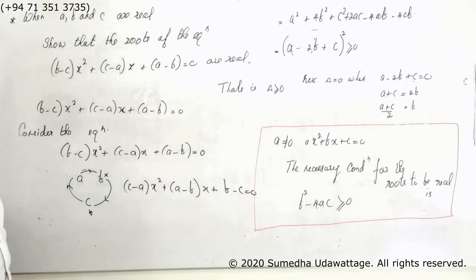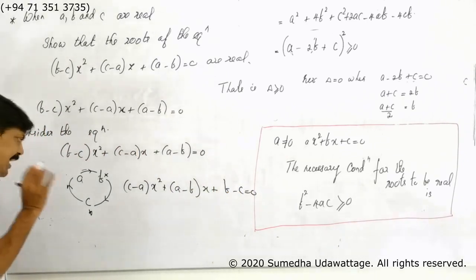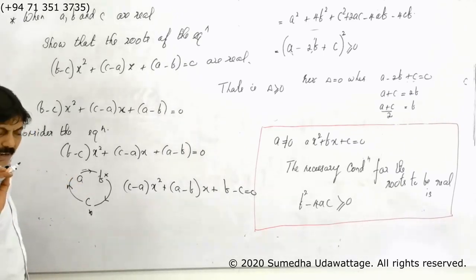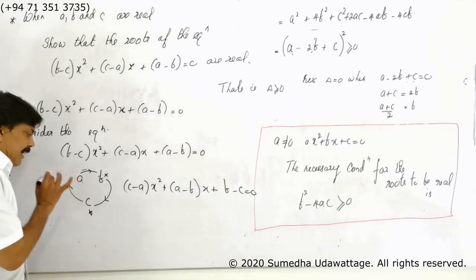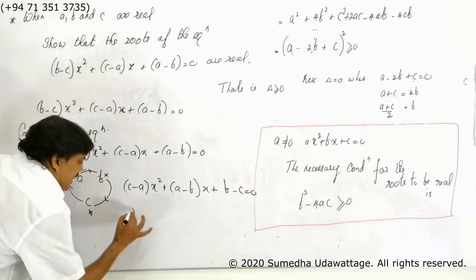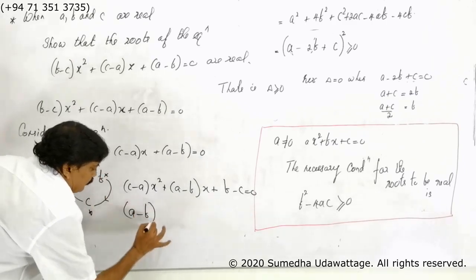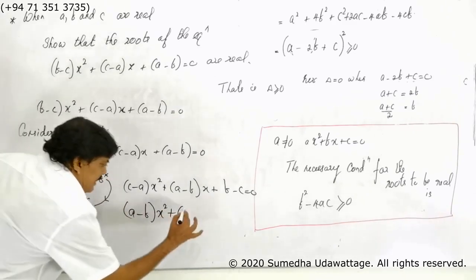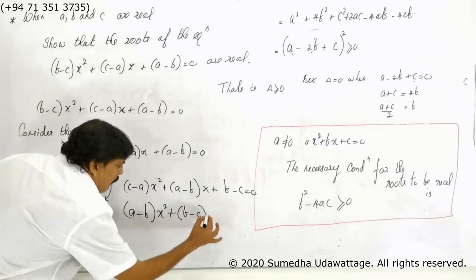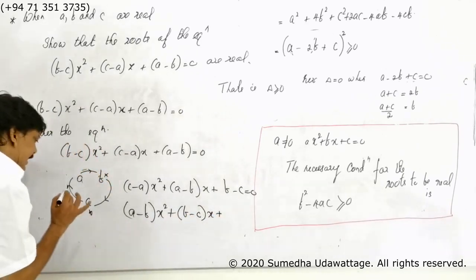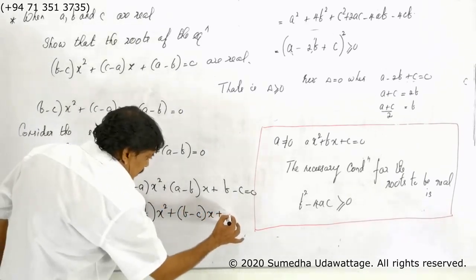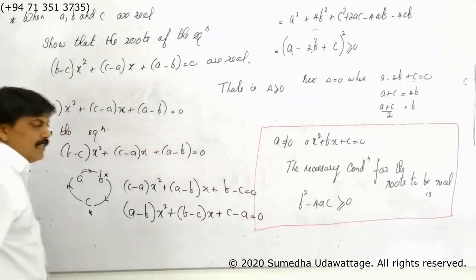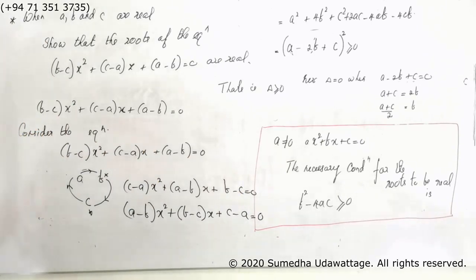And also, you can write the same equation starting from a. Then we get (a minus b)x squared plus (b minus c)x plus c minus a is equal to 0.